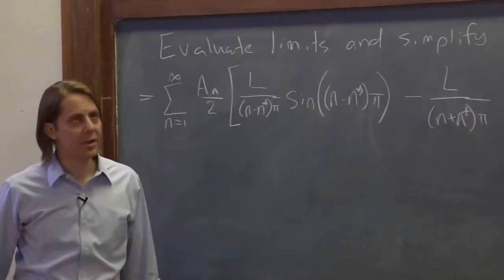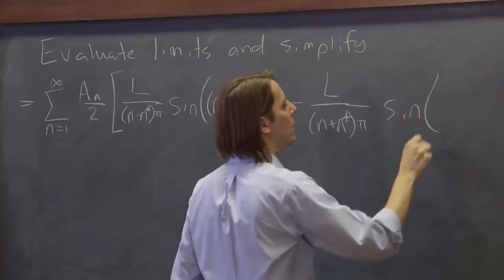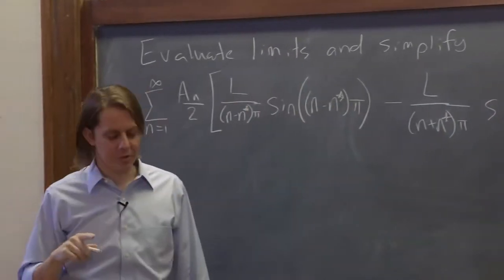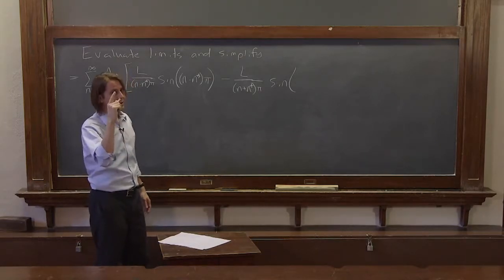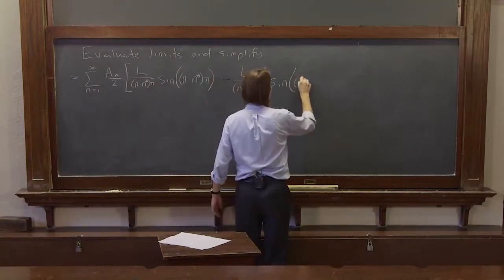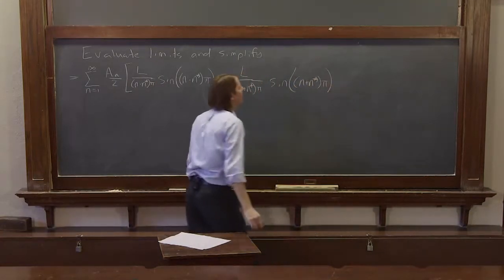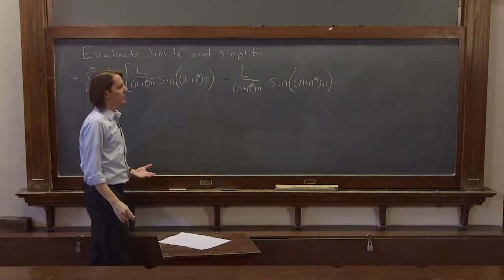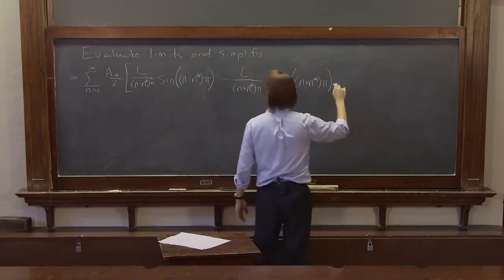And it was also sine of (n plus n star) pi x over L. Well, we're plugging in L for x, so L over L cancels. So this is (n plus n star) pi. And then when we plug in the 0 limit, we again get 0, because there's an x here, so sine of 0 is 0. So that's all for that limit.